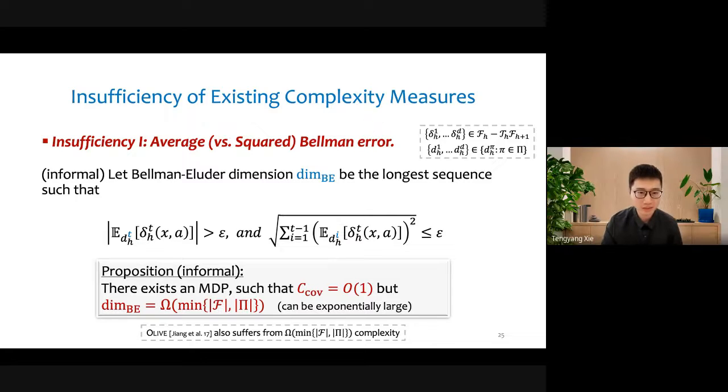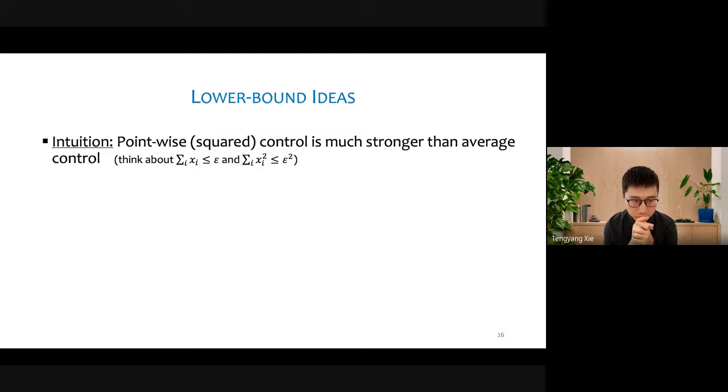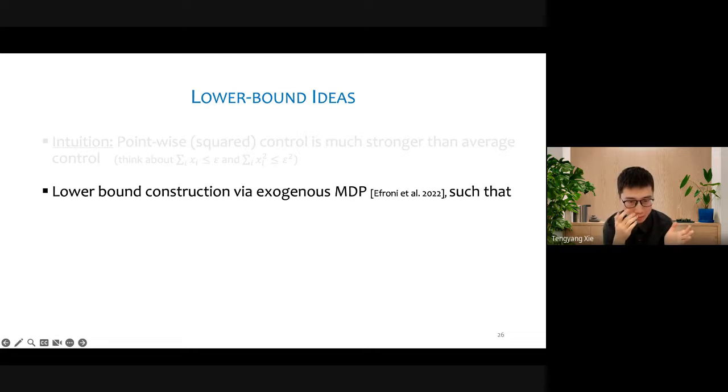Thank you. So the intuition of this lower bound is roughly that pointwise control, by the squared Bellman error, is much stronger than the average control. Think about controlling a sequence of xi: one way is to use their average, another is to use their squared sum. Of course, the second one is much stronger. So we can use the idea of exogenous block MDP to construct the lower bound.